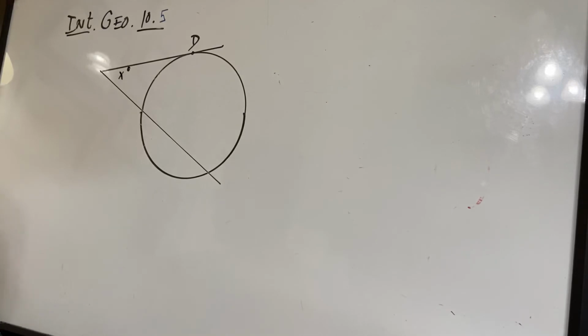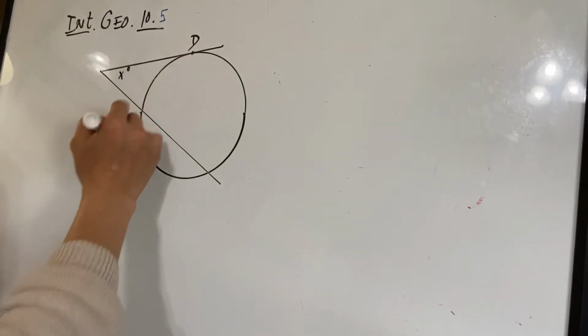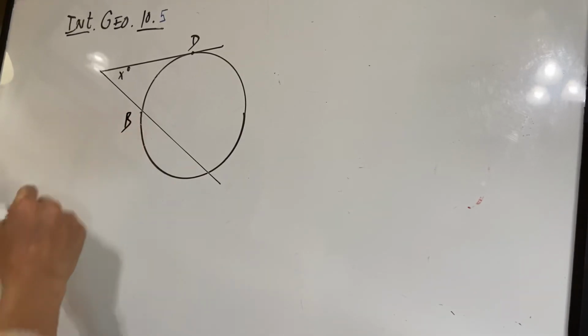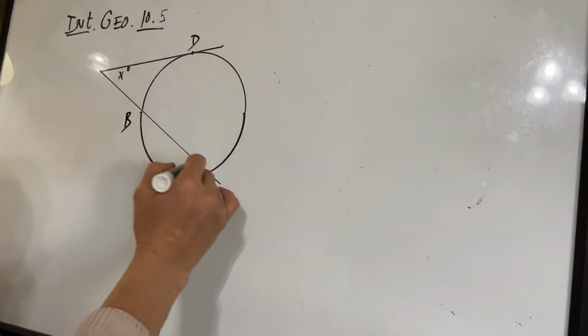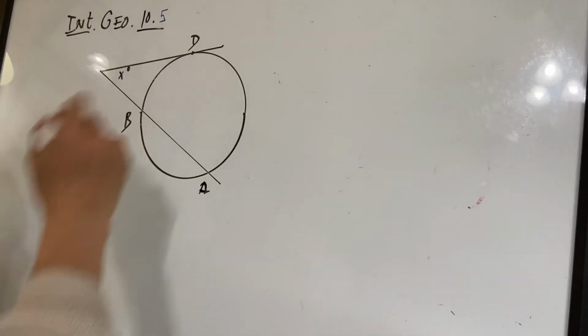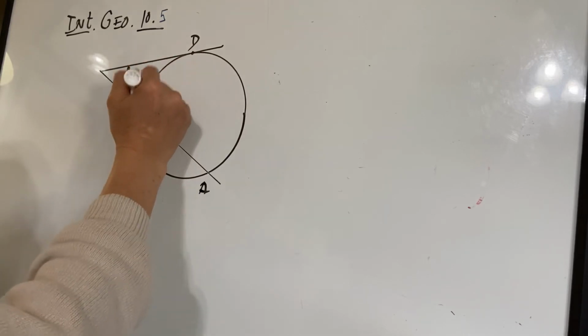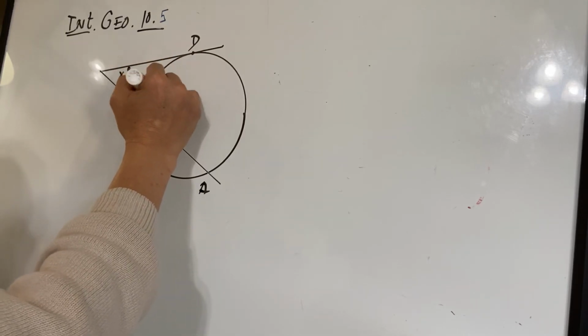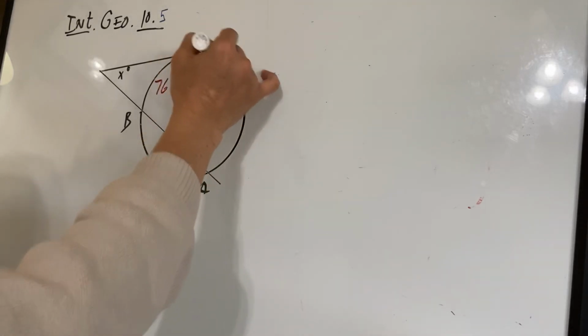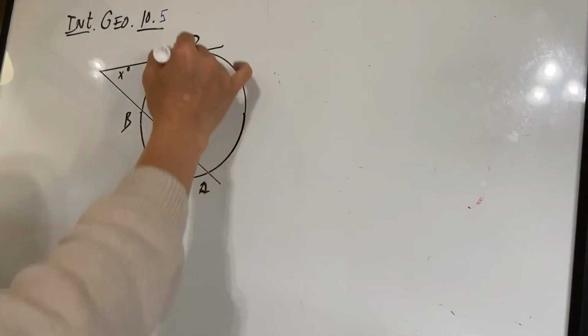Knowing that the minor arc right here, this is B, and this is A. They gave us the minor arc BD, which is 76 degrees.